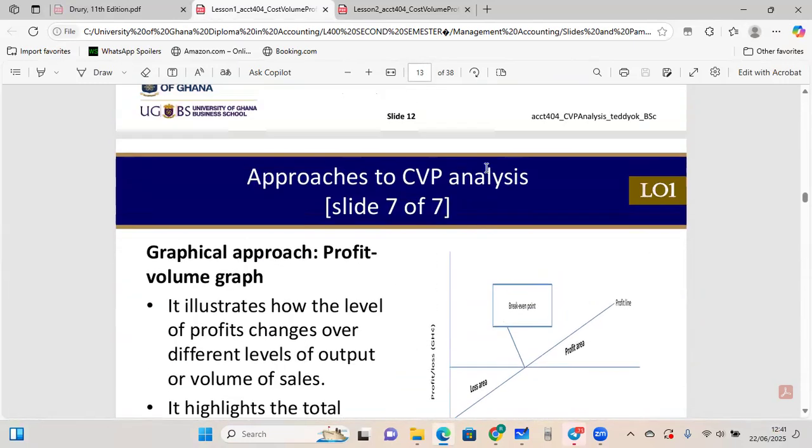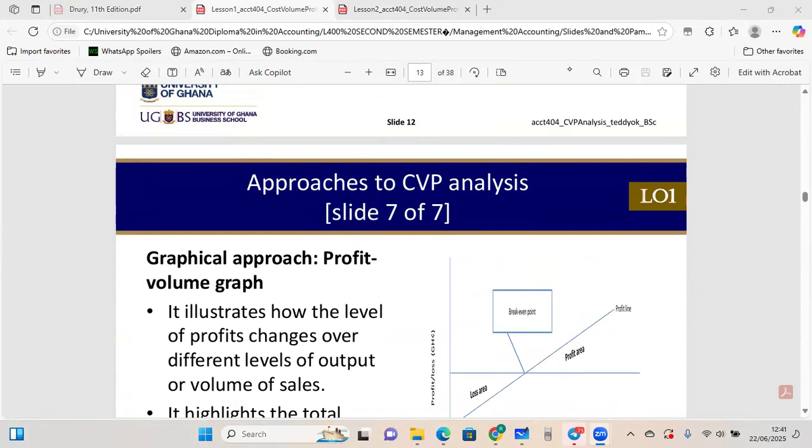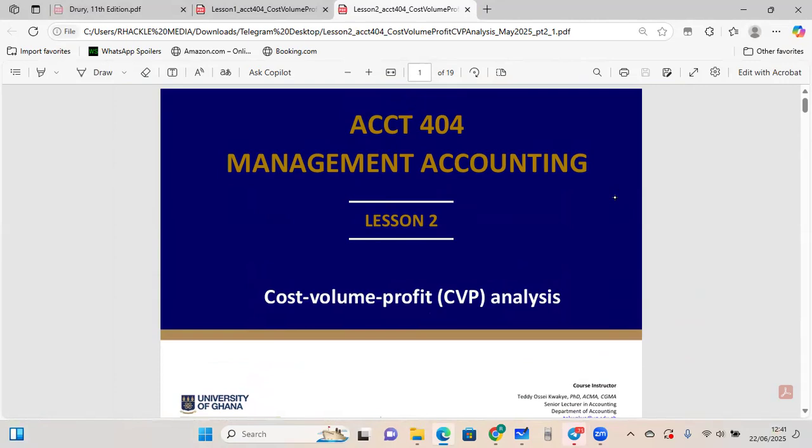So let's actually go to this side. Right. So this is the CVP analysis and the calculation part.